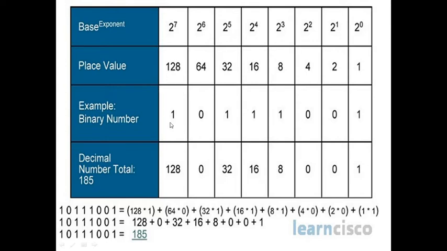Just multiply each binary digit with its respective positional weight. The terms you multiply by 0 will vanish, and finally you get the decimal equivalent of it.